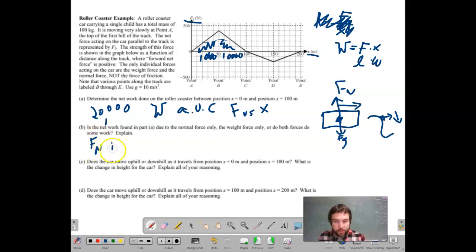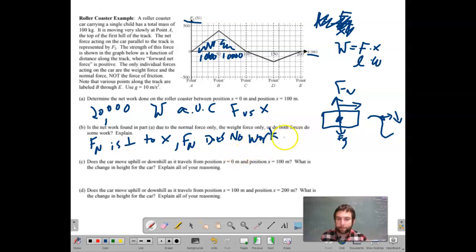Because normal force is perpendicular to displacement, normal force does no work, ever, for this situation. So it's all due to Fg, the weight force.